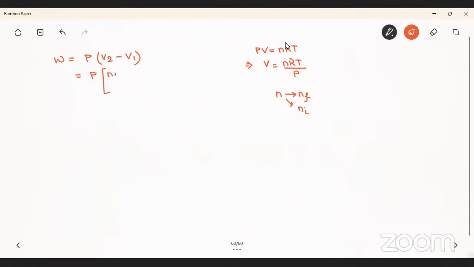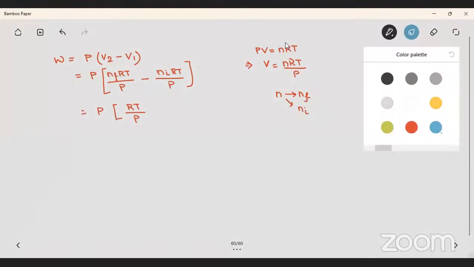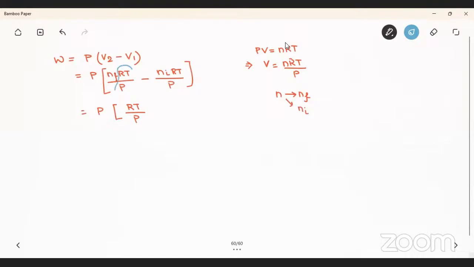So n final RT by P minus n initial RT by P. If I take RT by P common, you can take common like this. This is the common part in both.